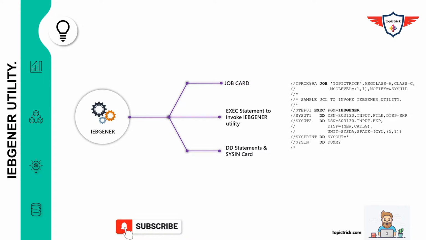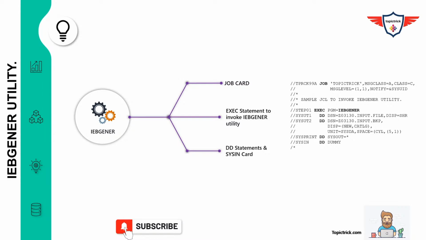Then STEP01 is actually executing your IEBGENER utility. Then you have SYSUT1 and SYSUT2 DD statements, which are used to specify the input and output file. After that you have SYSPRINT followed by SYSIN, and in this case I do not specify any control parameters, so I've used SYSIN DD as dummy.